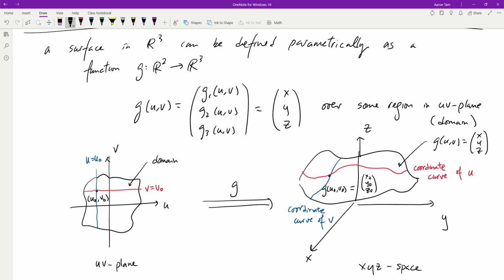If I look at these two curves, I can form the velocity vectors of these two curves, and they are given by partial derivatives. So we can figure out that the tangent to this curve at this point right here is dg over du at u sub 0, v sub 0.